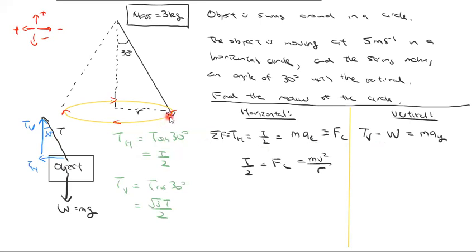But if you think about what's happening to this particle as it's going around in a circle, which is horizontal, you need to think about what's happening to this particle vertically. Is it accelerating up or down at all? That's what you really need to think about when you're examining this question.